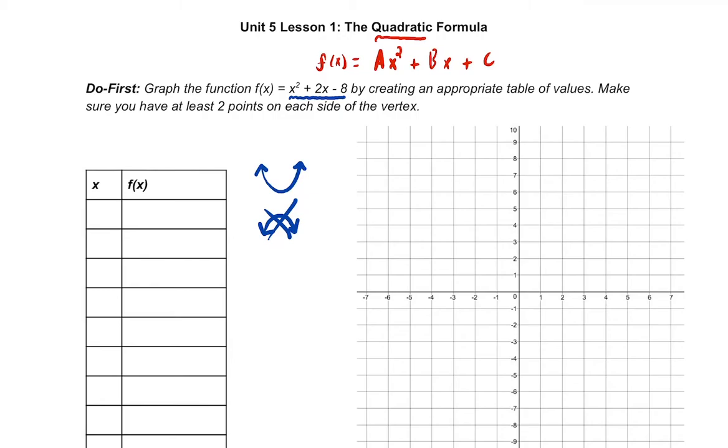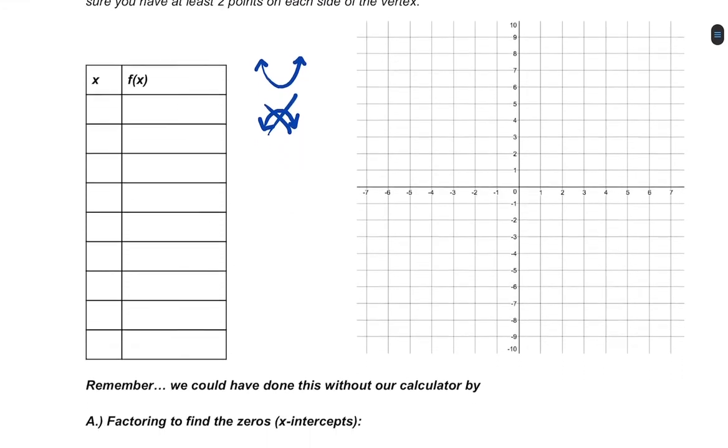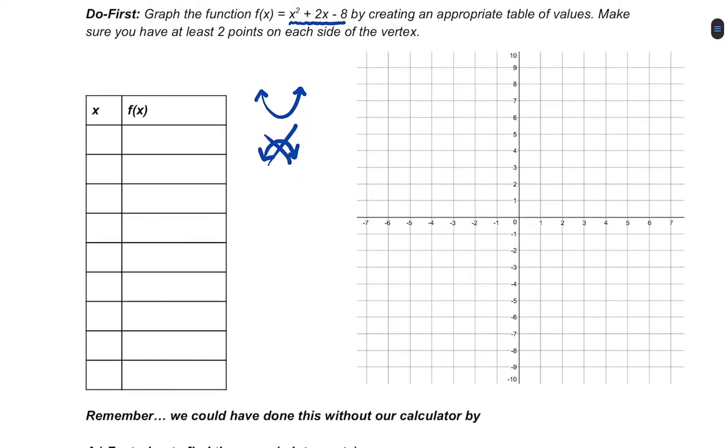Now, we've done this before. The trick to graphing this by hand, this is my favorite way to graph these by hand, is to use the concept of zeros. If this is the y-axis, y is equal to 0 anywhere along the x-axis, because y isn't 1, it's not -1.